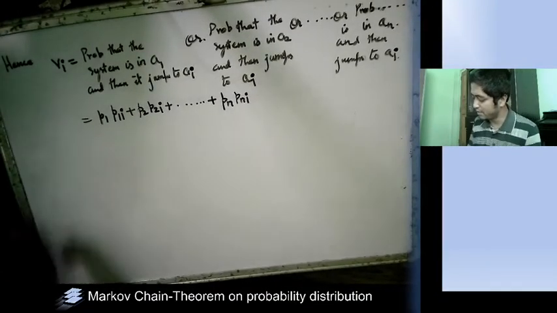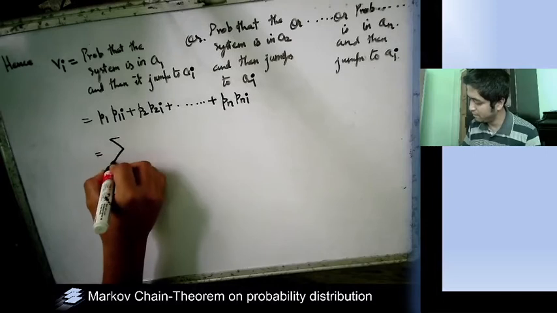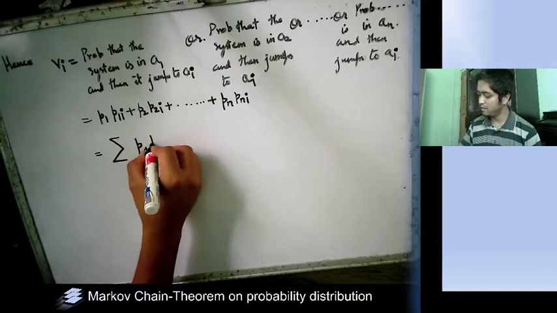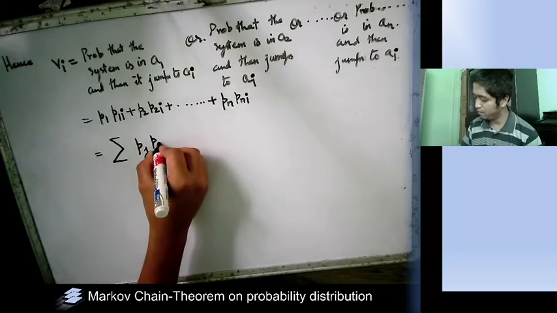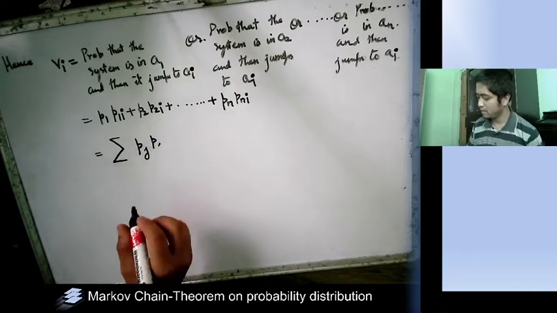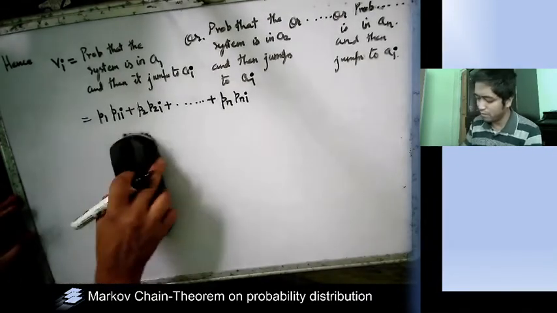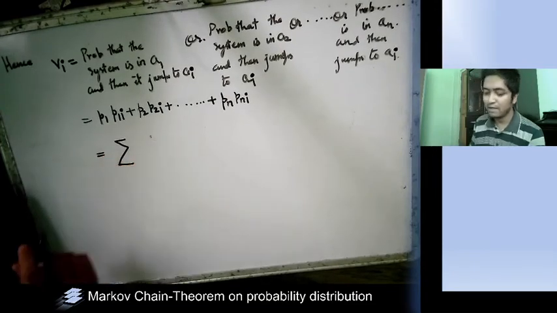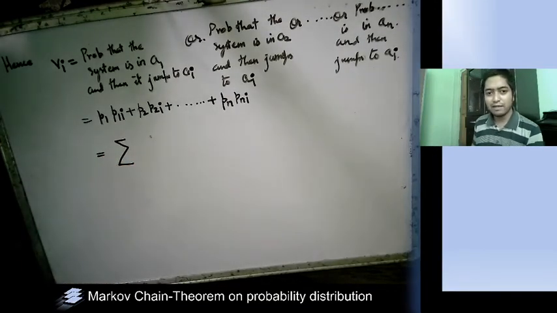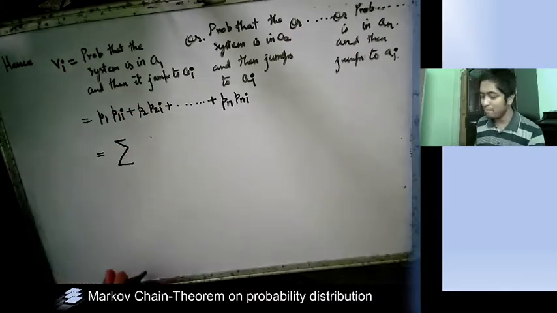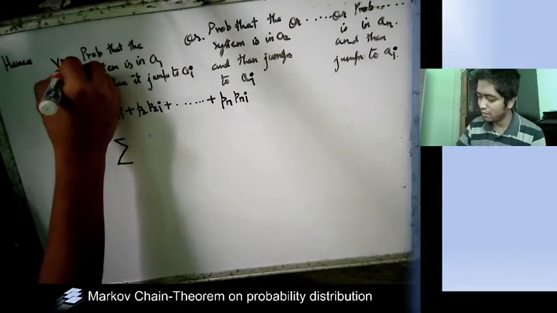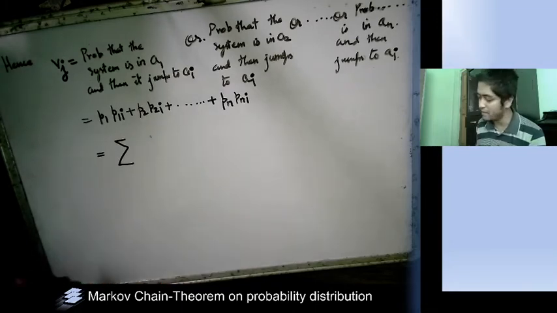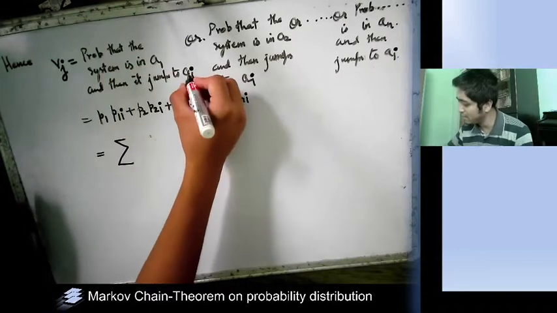Okay, we can write this as a summation. Actually, I think it is best if we write it this way, hence Vj. Let me change this to find Vj, it is best if we denote it like that: jumps to Aj.